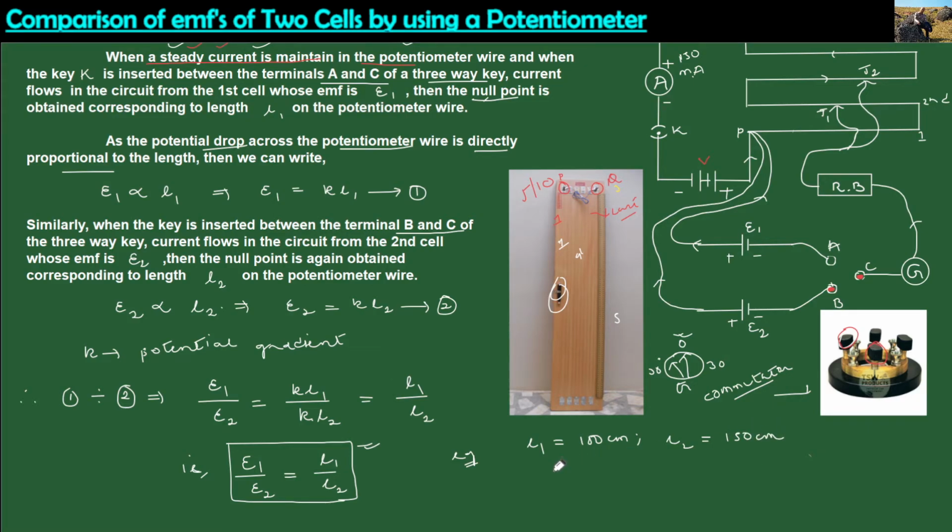Now if we compare E1 divided by E2, the EMF of the first cell is unknown, and even the EMF of the second cell is unknown, but we can compare their EMFs. From here this will be 100, L1 divided by L2.